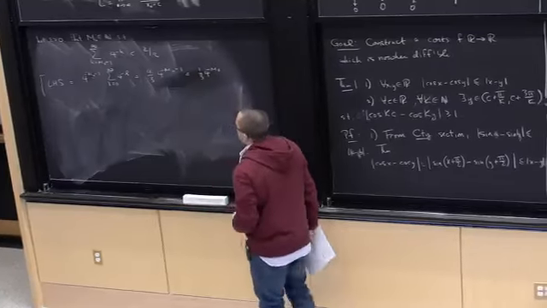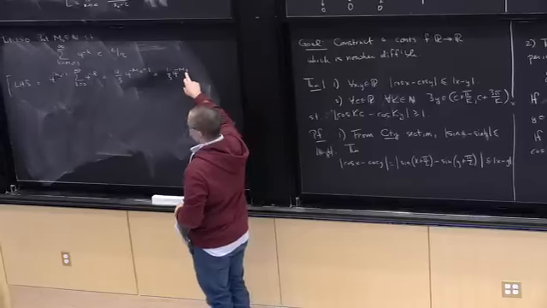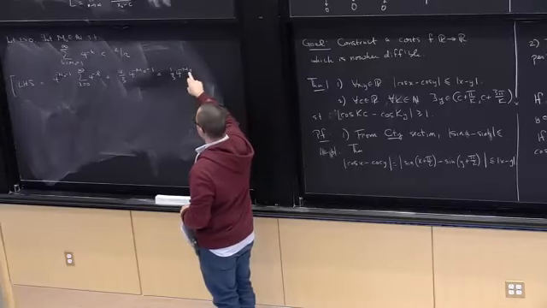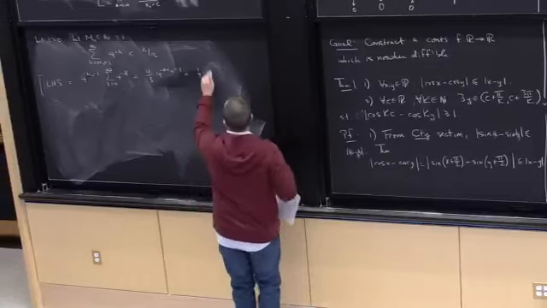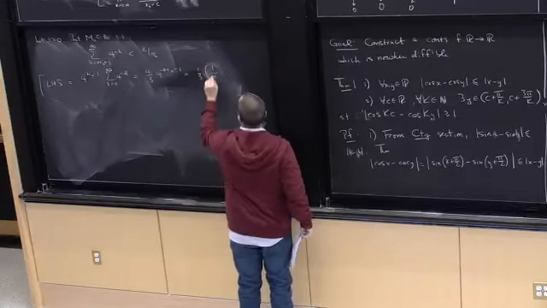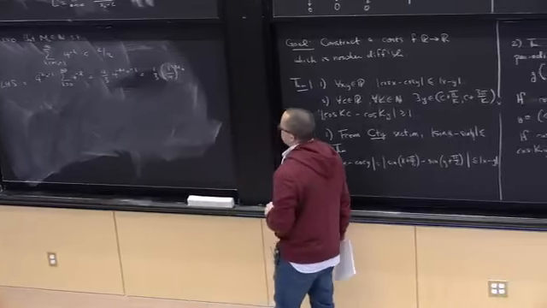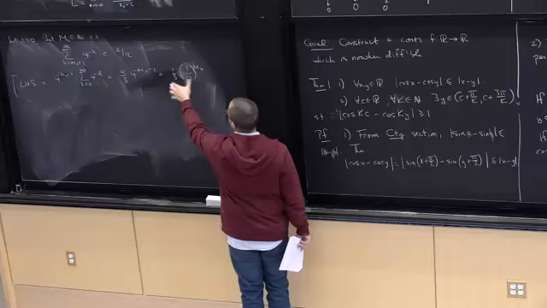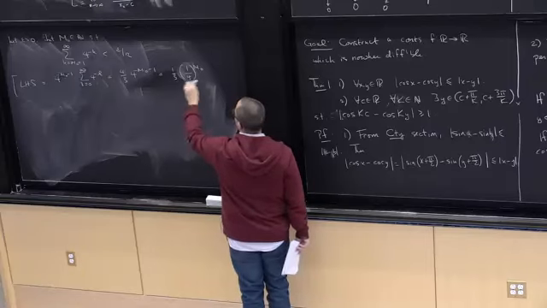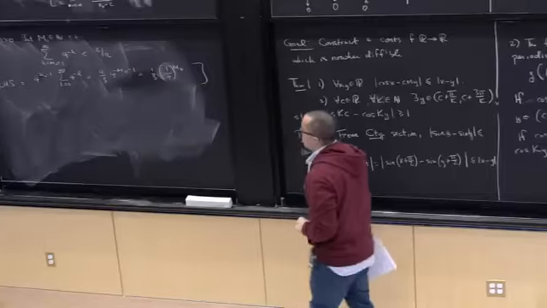So if m naught is chosen very large, this is 4 to the minus m0, and as long as m0 is chosen very large, I can always make this very small. That's the left side over there. So I can always find an m0 so that this is the case.